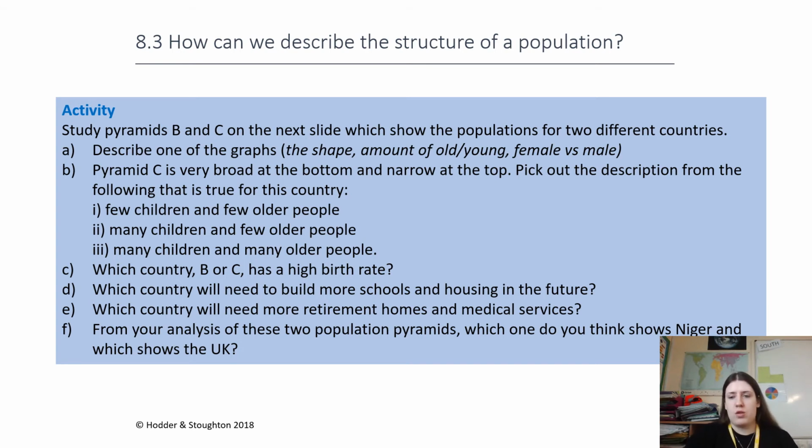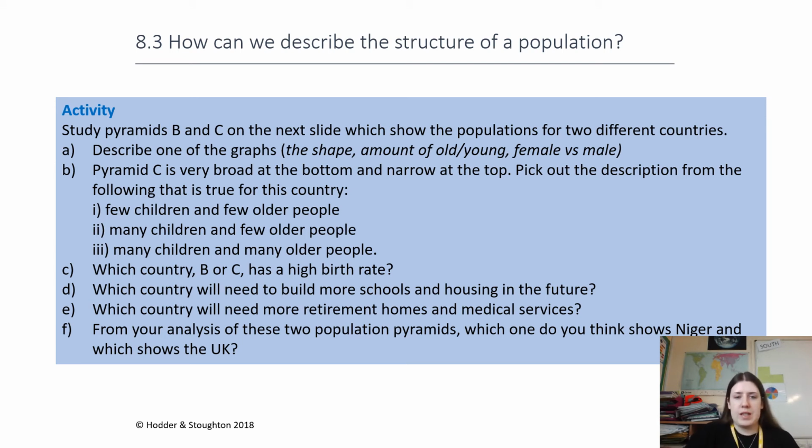When describing it, you're not saying what anything means, you're just literally saying what the shape is, how many men versus women, which is the biggest cohort, is it the young or the old, things like that. Then you're going to be looking at Pyramid C, and you're going to pick out the description that is true for the country.